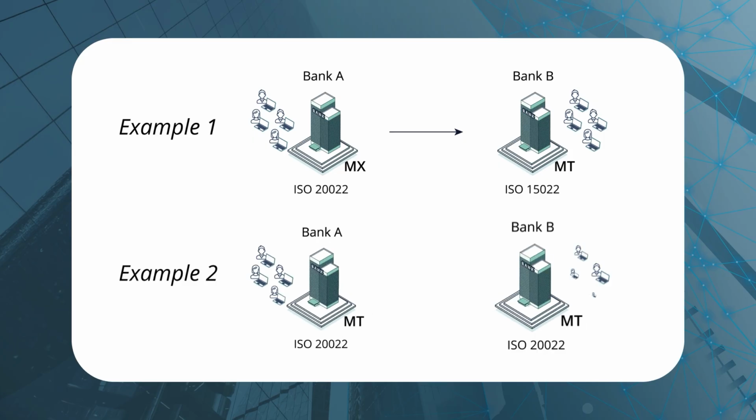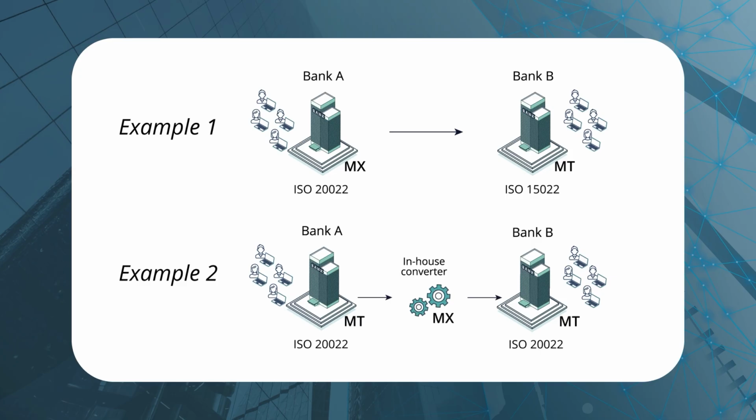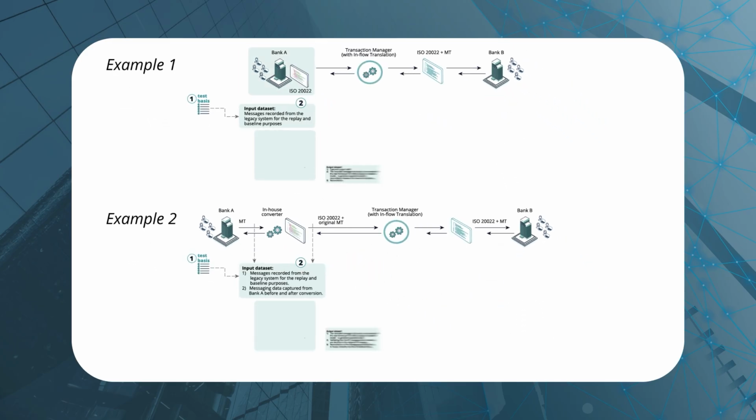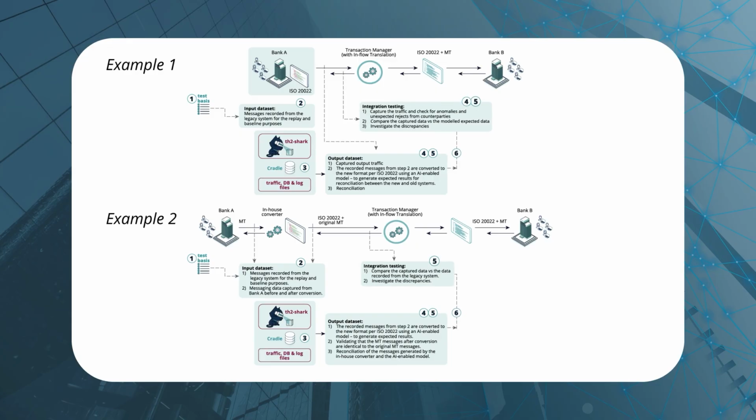And in the second, Bank A has not migrated to ISO 20022 but developed a converter that also requires a technology acceptance assessment or external validation of the conversion capabilities. The two sample infrastructure schemas also feature a test environment for message reconciliation, system performance, and other testing conducted during the transition. Let's start with the first example.